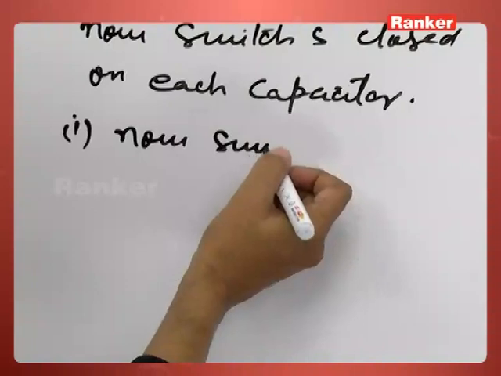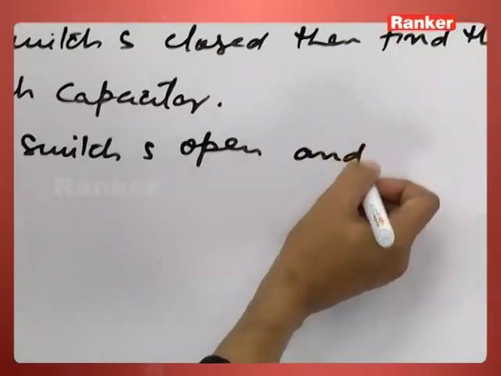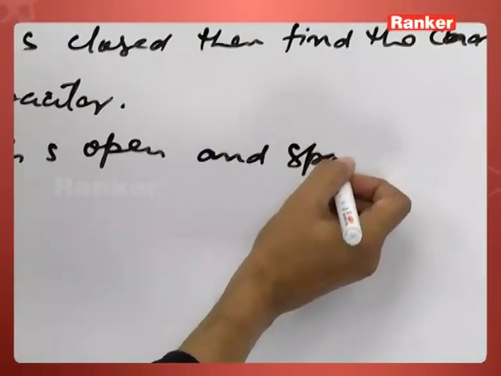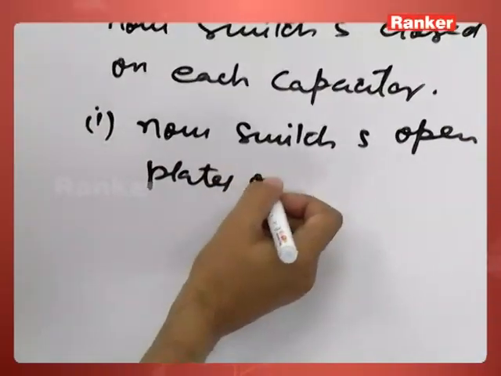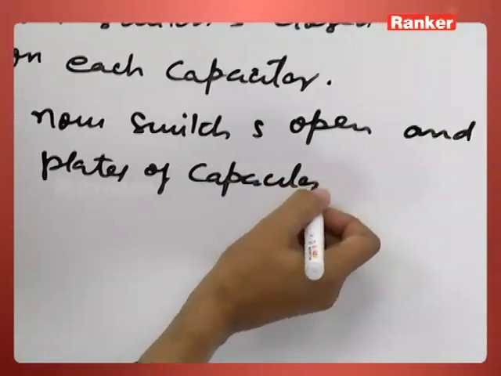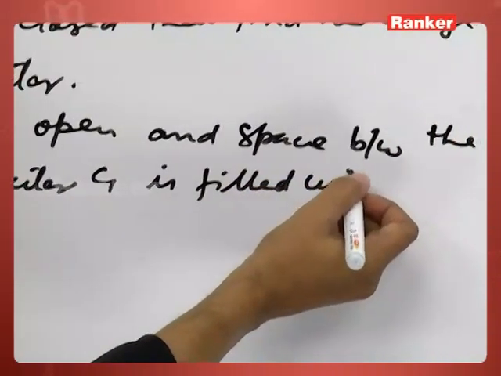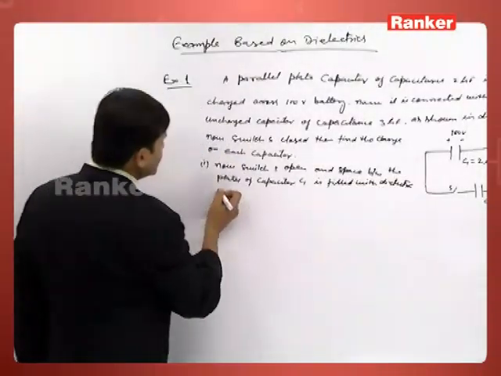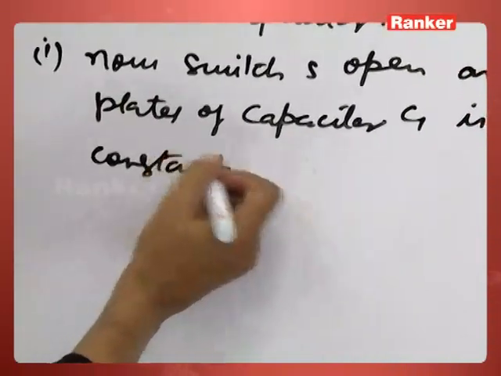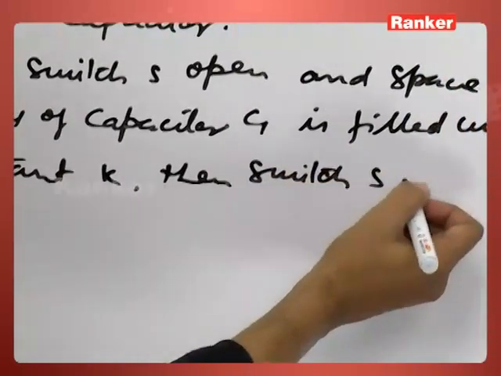Next, now switch S is opened and the space between the plates of capacitor C1 is filled with a dielectric constant K, then switch S is closed.